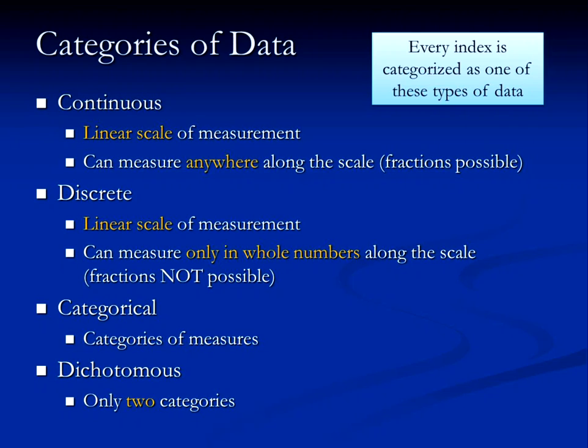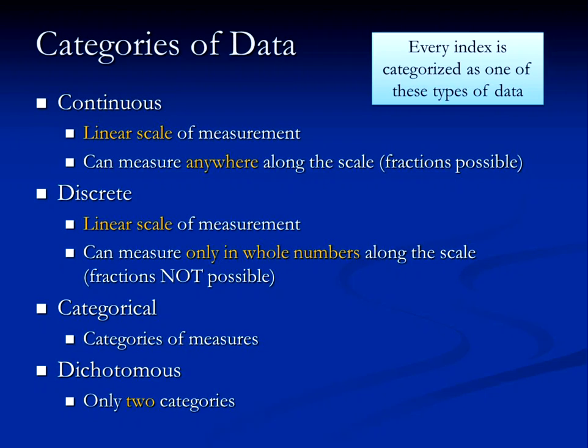So, for instance, if we were going to look at teeth within the mouth, and so we have 32 teeth in the mouth, and we were utilizing an index that told us the number of teeth sealed, that would be a discrete index simply because we can't have like a half a tooth sealed. It's either going to be the tooth is sealed or it's not.